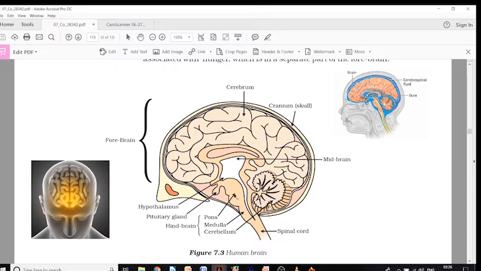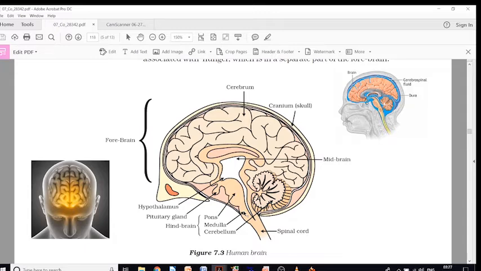Then we have a small part here which is called the pons. It is actually a bridge which carries the sensory and motor neurons between the brain and the spinal cord. And the final part is the medulla oblongata. The medulla oblongata controls all involuntary actions like the heartbeat, respiration, and salivation.